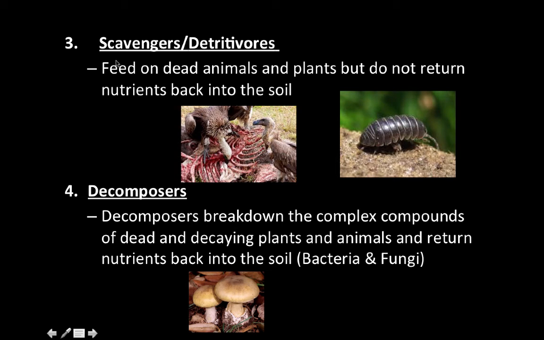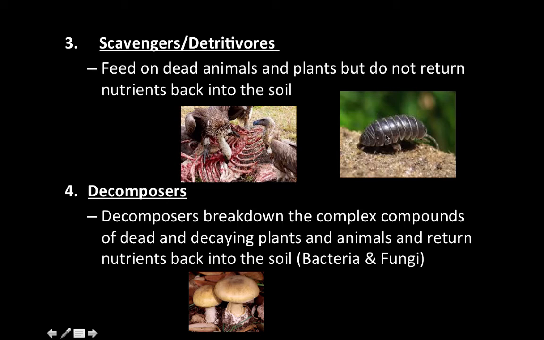The last two we have here: scavengers and detritivores, and decomposers. All right, a lot of people lump these into the same category. They're not. They're different. Scavenger, detritivore, something that feeds on dead animals and plants but does not return nutrients back to the soil. That's the key difference. So I just like to think of them as eating bigger chunks of things.